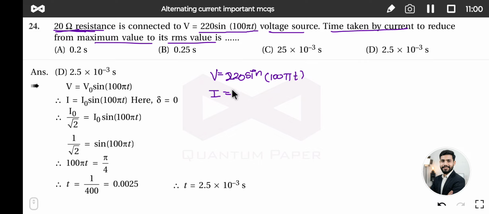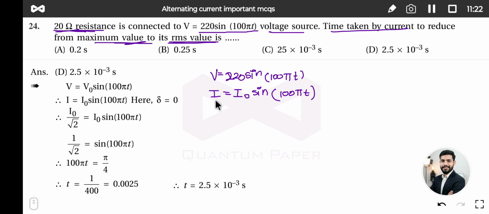That means if you want to write down the equation of current, we can write I is equal to I naught sine 100 pi t, because there is no change in voltage and current, they are in the same phase. Now we have to find out the time taken by current to reduce from maximum value to its RMS value.